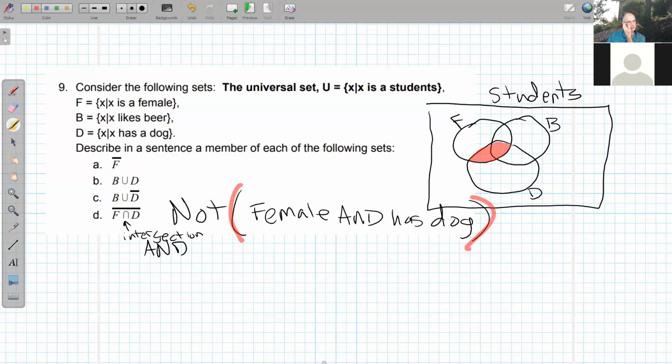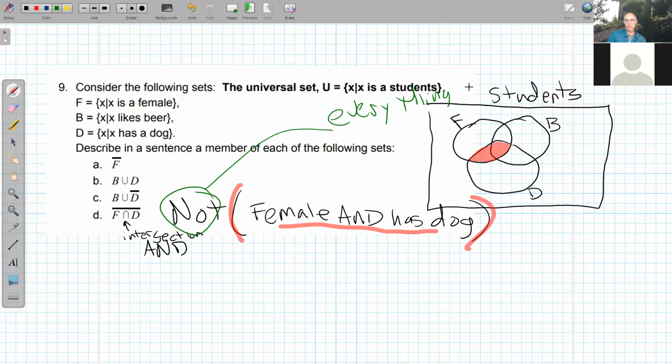So first I need to figure out what it means to be female and has a dog, and then I want not all of that. So this red section here is female and has a dog. The not would be everything outside of that. So let's make a note, not everything outside that red crescent. Did I spell crescent? Sure, it is today. Everything outside of that.